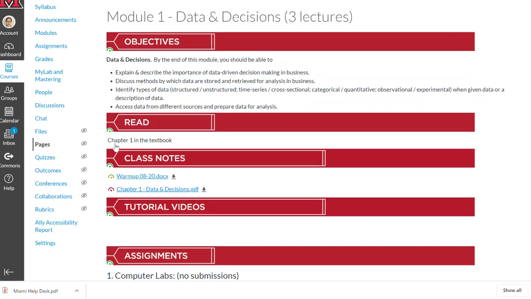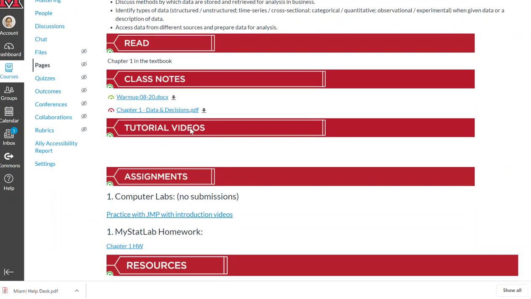You need to read chapter 1 in the textbook. In the first class video, I have already shown you how to look at the contents in the e-textbook if you have only the e-textbook. And then you have the class notes here, and next class we will use this warm-up.